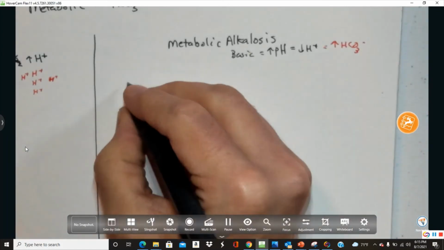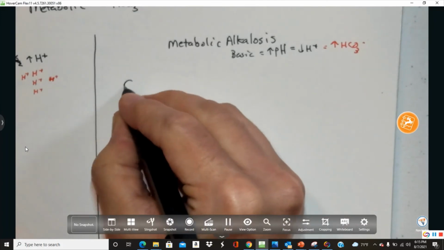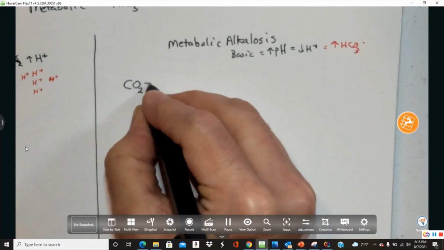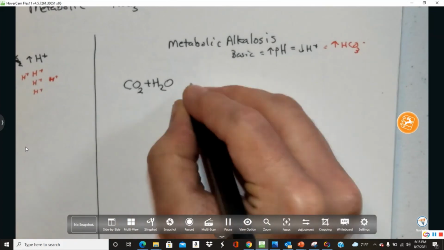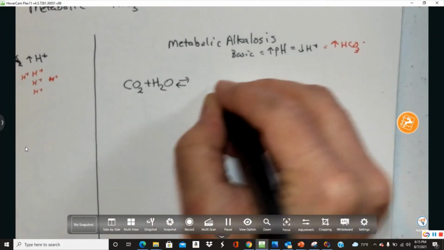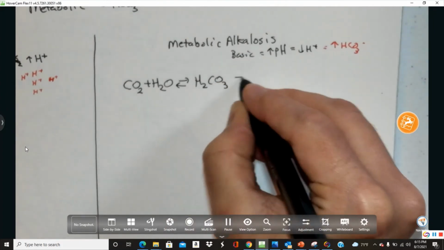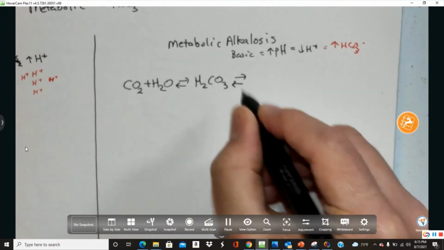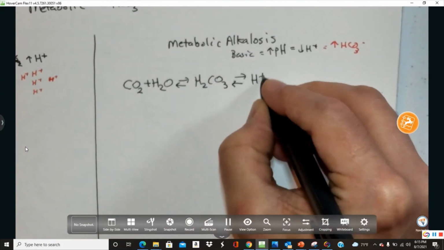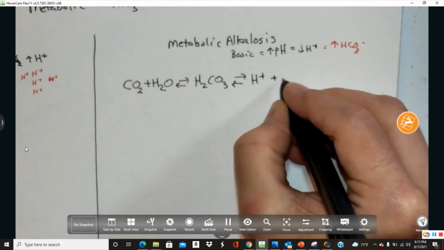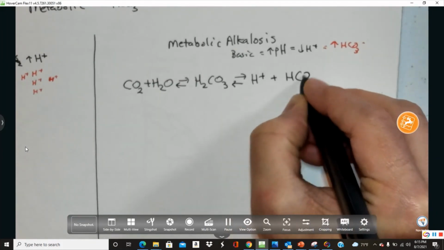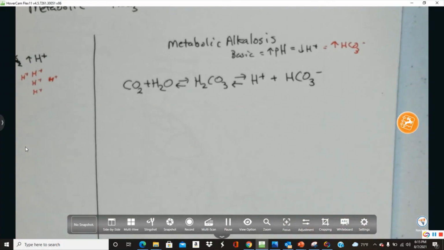Again, our favorite chemical reaction: carbon dioxide reacts with water to form H2CO3, carbonic acid. Carbonic acid will dissociate into hydrogen ions and HCO3 minus, bicarbonate.